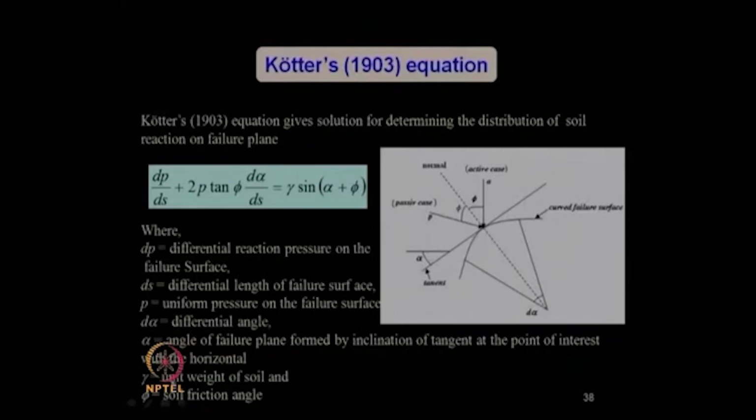Gamma is the unit weight of the material, in our case soil, and phi is the soil friction angle. This equation is valid for a curvilinear failure surface.